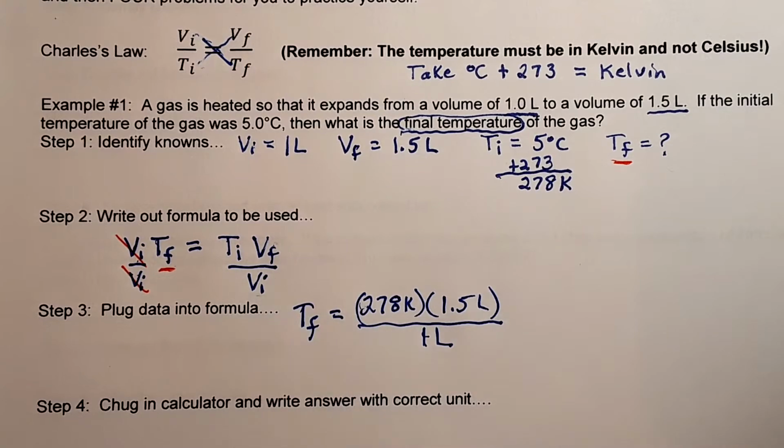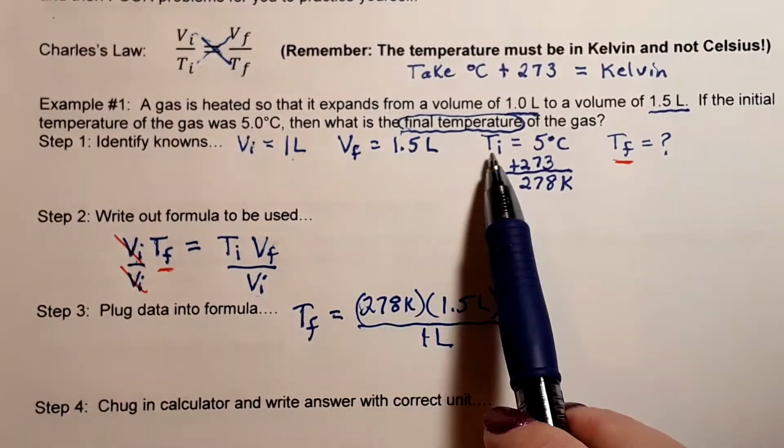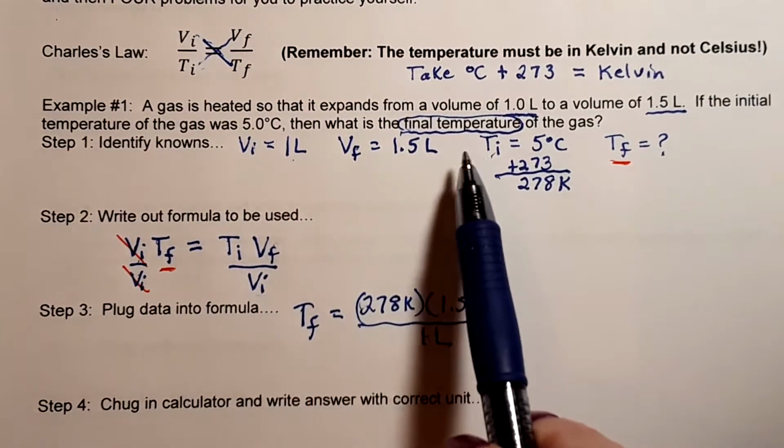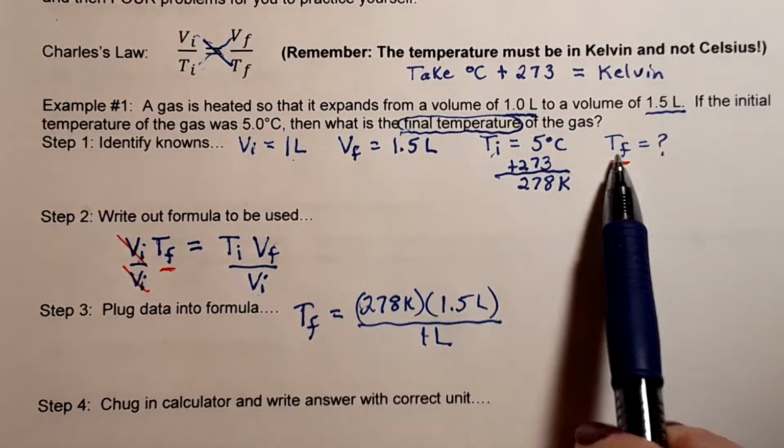Because when you plug them in, if you don't put them in the right places, you will not get the right answer. So it's very important that you read carefully and determine what the initials are and what the finals are. What was it doing first? Then what did it do later?